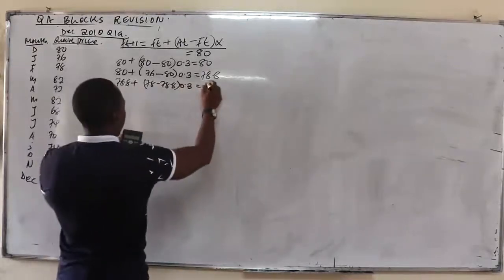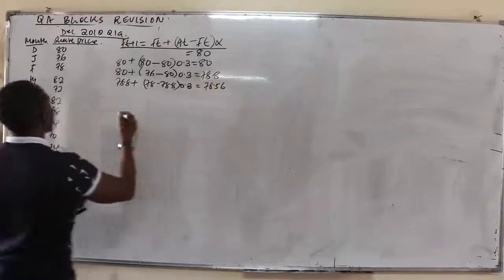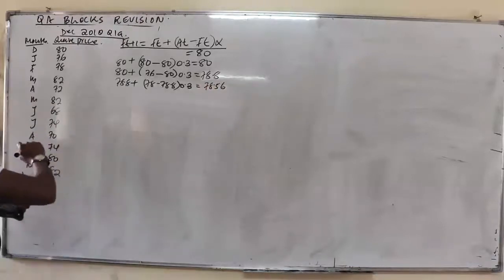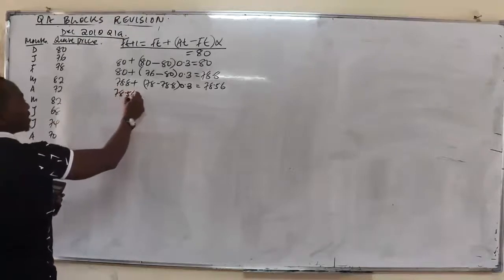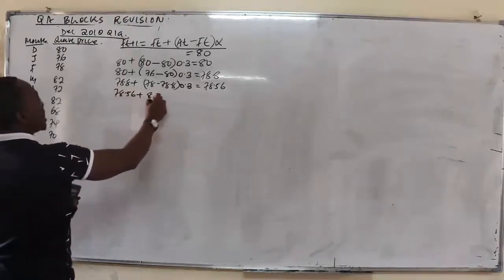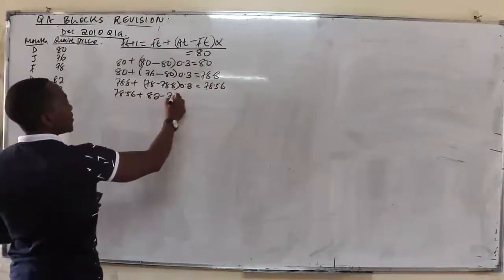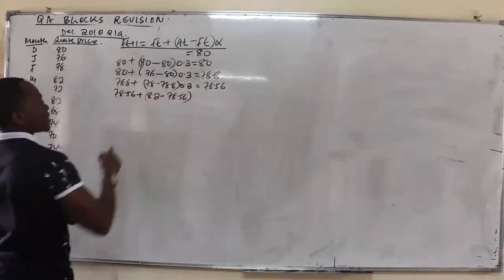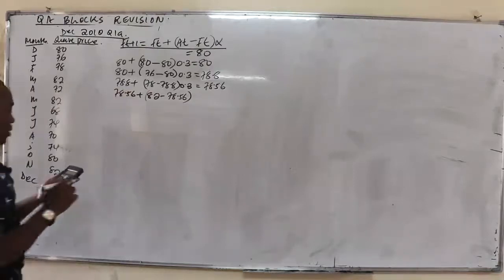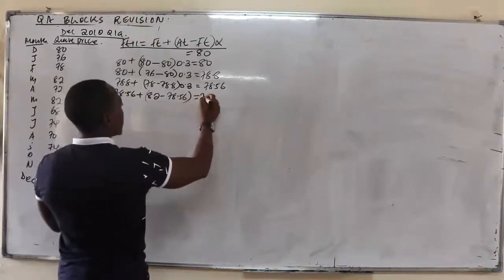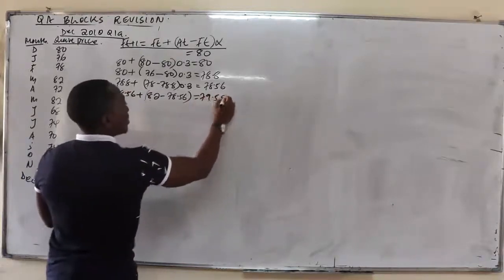And you'll have 78.56. So this one will be 78.56 plus 82 minus 78.56. We have 79.59.